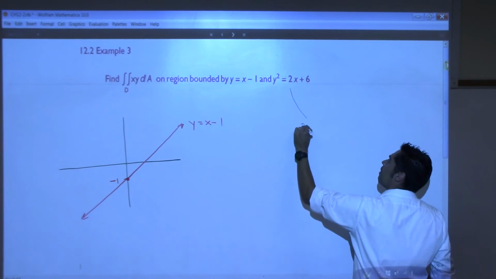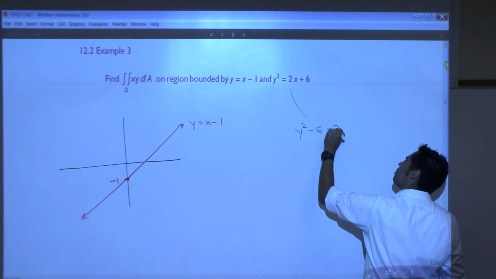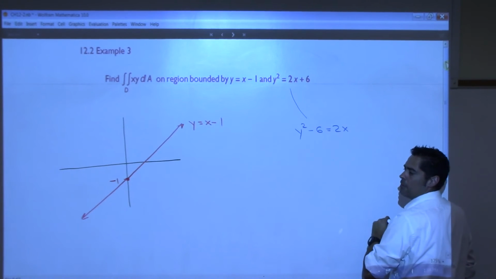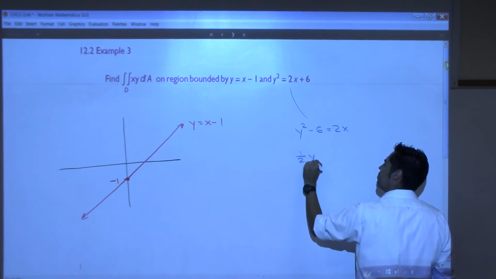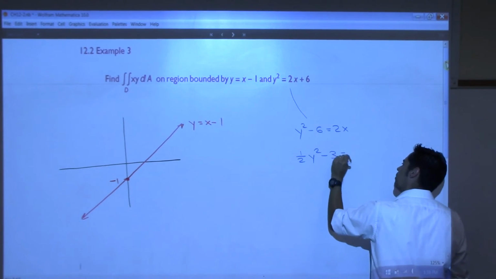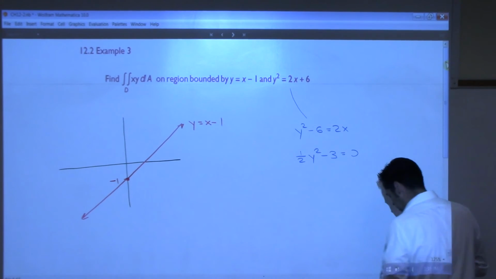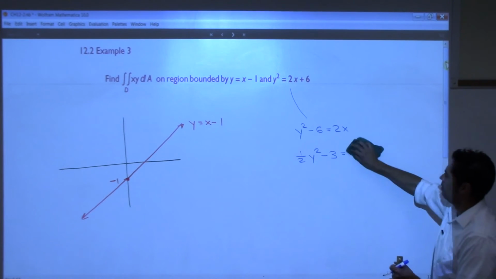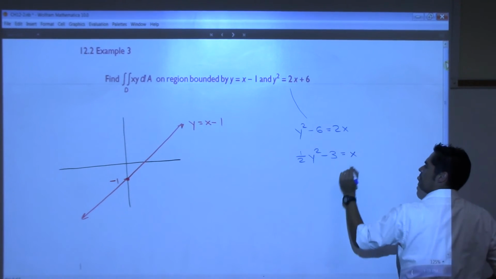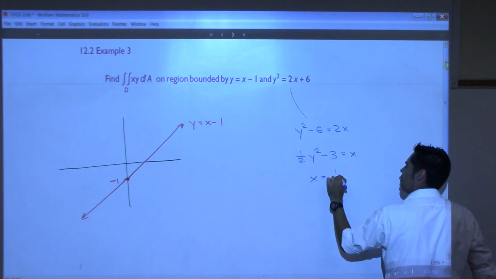We get y squared minus 6 equals 2x, right? If we divide both sides by 2, we get 1/2 y squared minus 3 equals x. And just rewriting it in a different order.